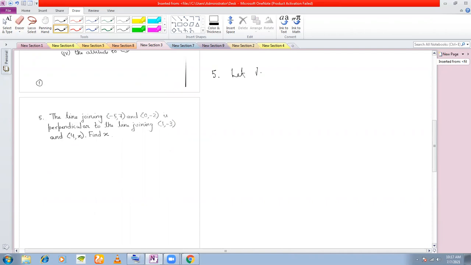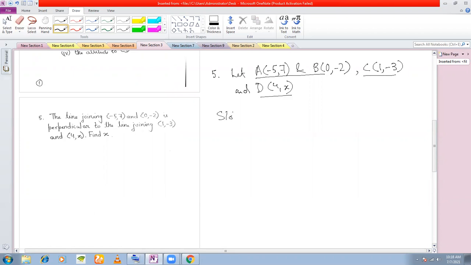So let A be this point, -5, 7, and B be this point 0, -2. The line joining these two points is perpendicular to the line joining these two points. That means let us call the other points as C and D. So these two lines, AB is perpendicular to CD.